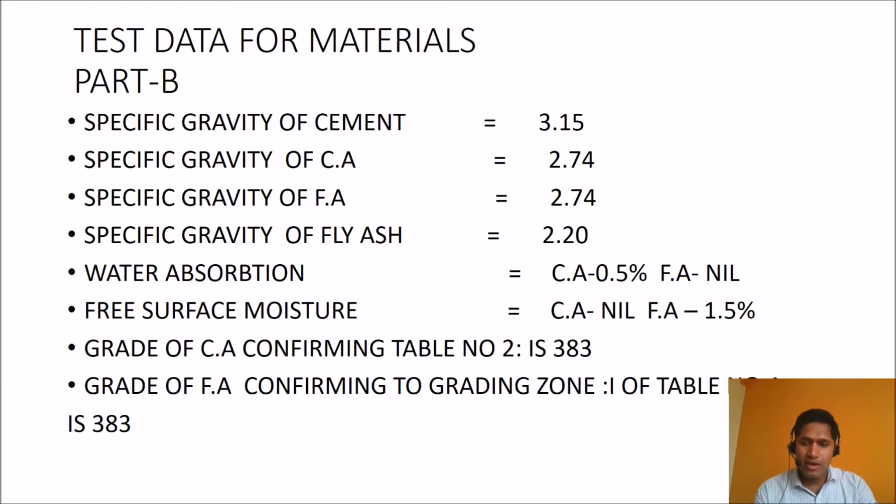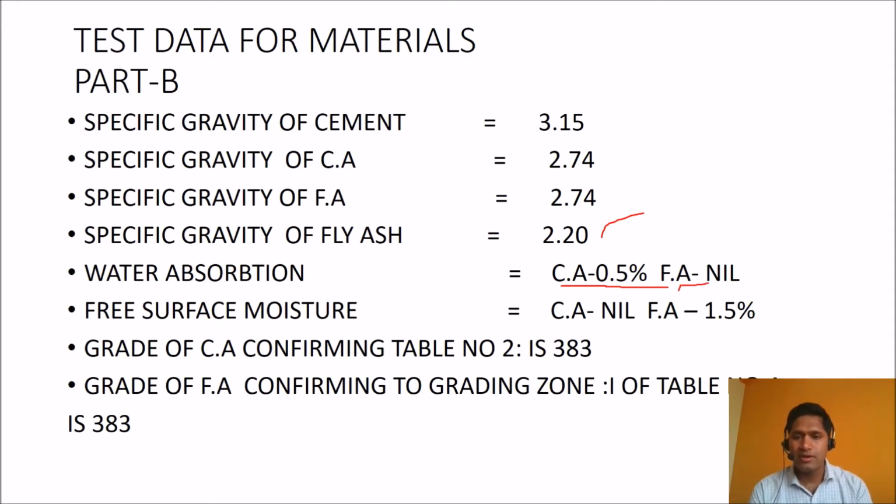Once the material arrives to you, you have to test the material and get the data such as specific gravity of cement, fine aggregate, coarse aggregate. So it is noted down here. Then specific gravity of fly ash is also required, that is 2.2. Then water absorption test needs to be conducted for both. For coarse aggregate it is 0.5%, and for fine aggregate it is nil.